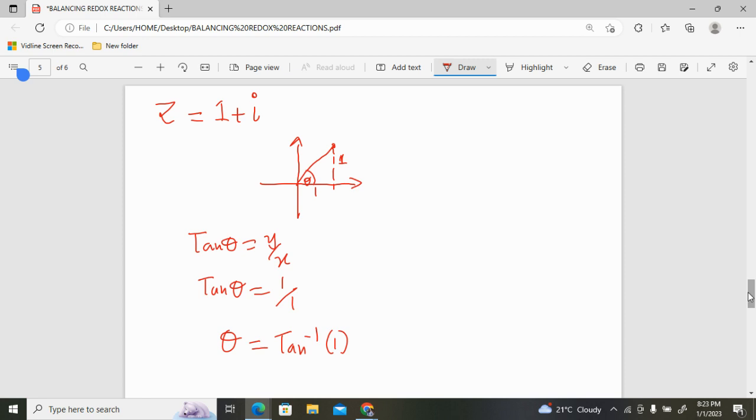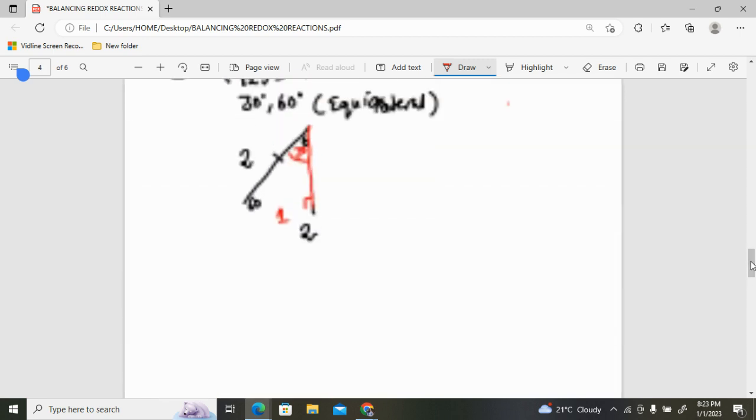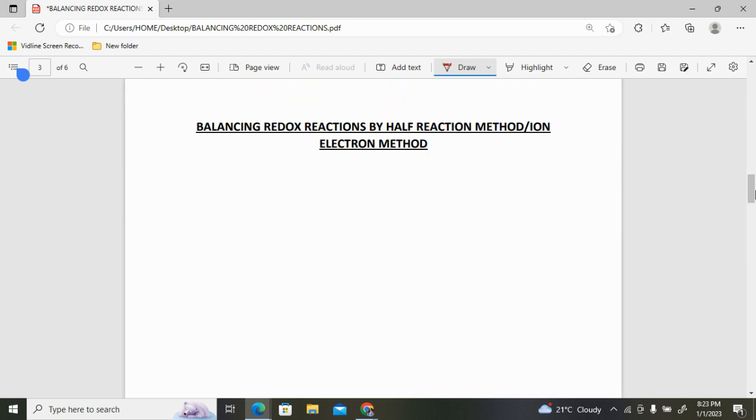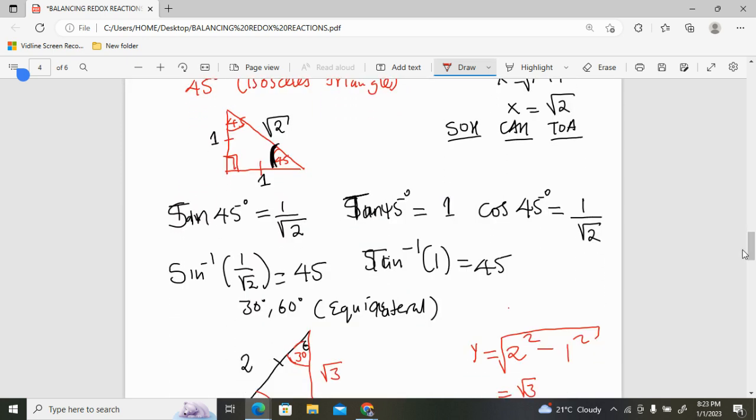And from our special angles, if we go on tan, what is going to give us a 1? So we need to remember that. Okay, we are here. We can see this one here.